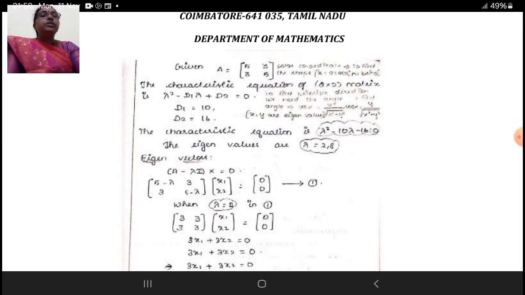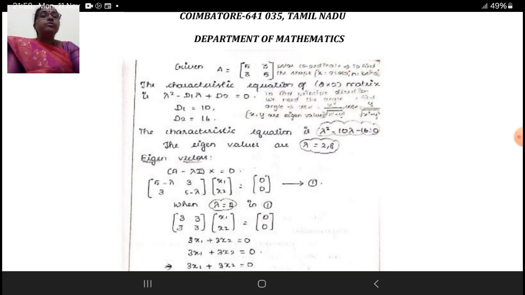It is a 2 cross 2 matrix. The characteristic equation for a 2 cross 2 matrix is lambda square minus d1 lambda plus d2 equal to 0.